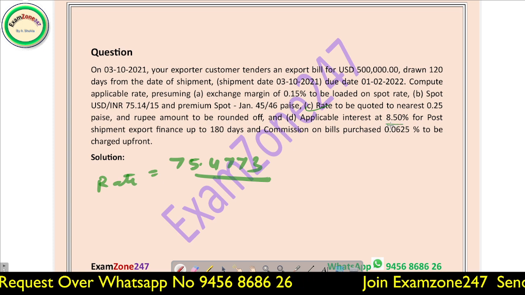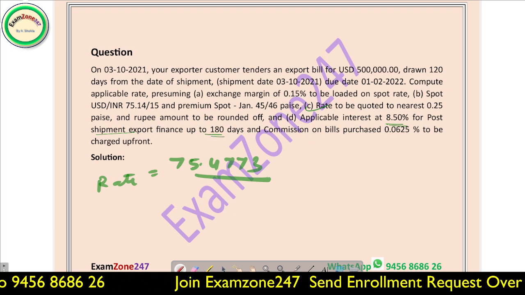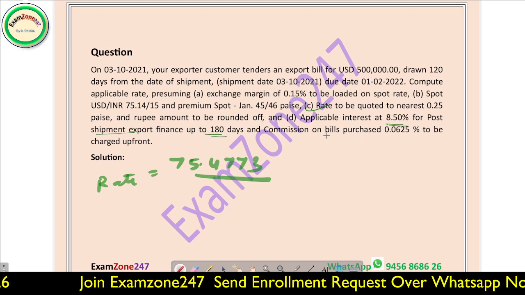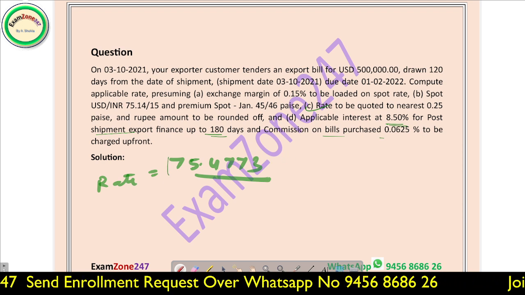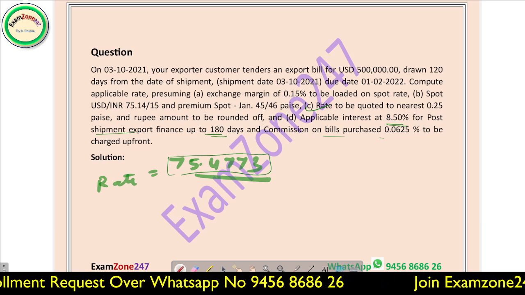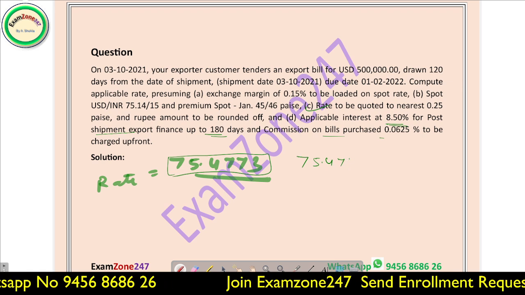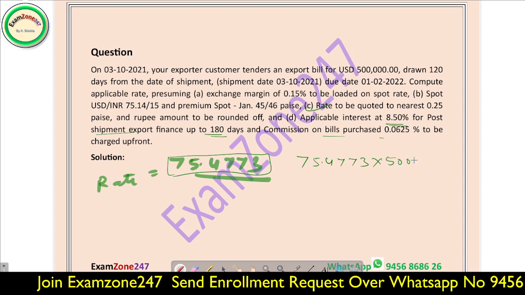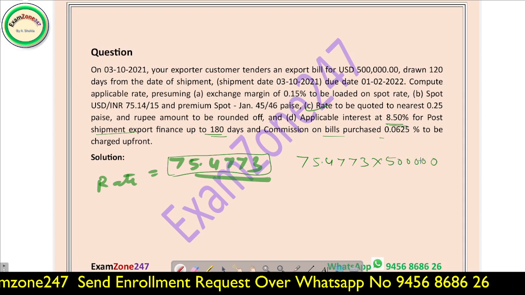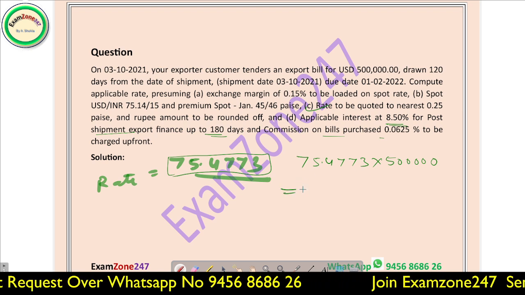Applicable interest is at 8.5% for the post shipment finance up to 180 days, and commission on this. Now how much amount will the customer receive? The customer will receive 75.4773 multiplied by this.